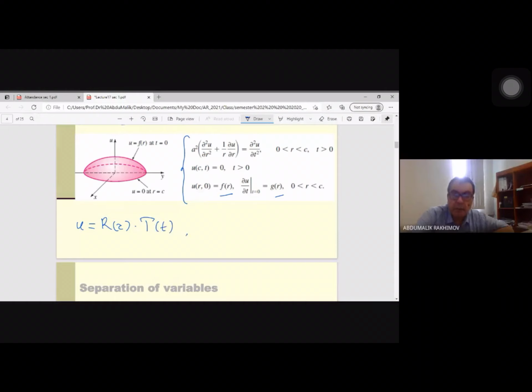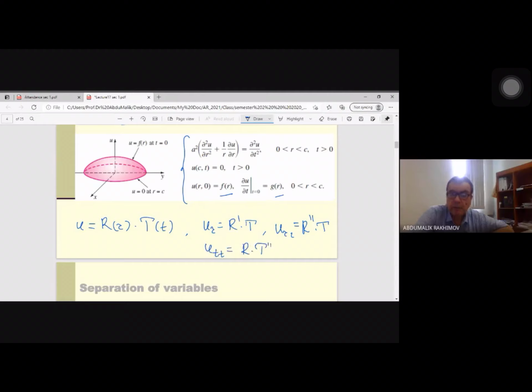Then we will find u_r. It will be R prime times T. You find u_rr, because I have u_rr in my equation, it is equal to R double prime times T, right? By separation of variables, we just switch partial derivatives into ordinary derivatives. And also u_tt is equal to R times T double prime.